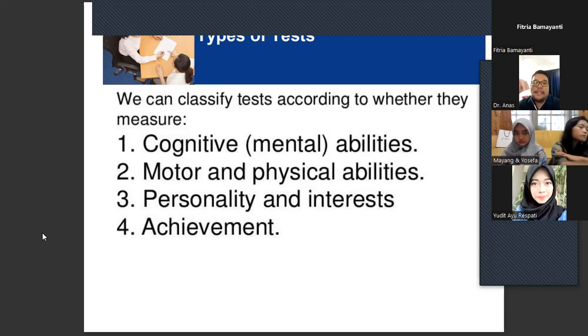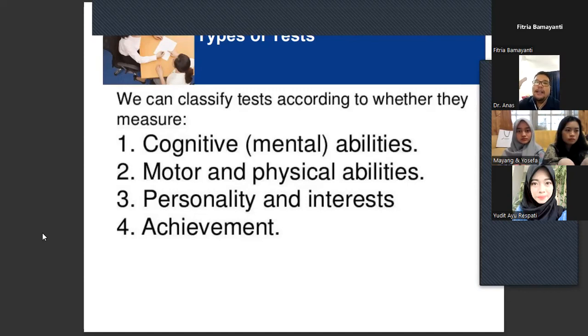Maknanya kebiasaannya mostly international companies use the cognitive abilities test, like macam ujian peperiksaan kamu. Ada menulis soalan kan? Menjawab soalan menggunakan pensil, pen dan sebagainya.